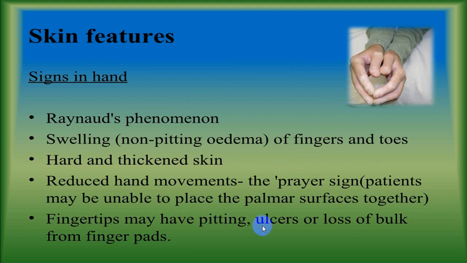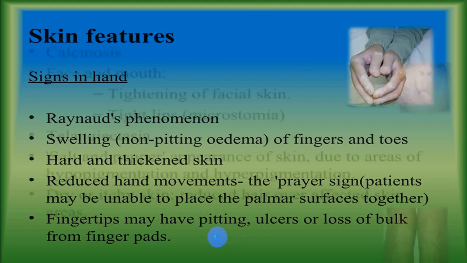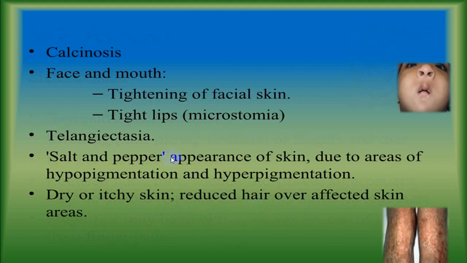Fingertips will have pitting ulcers, deep ulcers, and you can even have loss of finger pads. You can see calcinosis, then we use the word calcinosis cutis. You can have tightening of the facial skin, microstomia or pursed lips, we call tight lips, or it is also called microstomia, where the opening of the mouth is becoming small.